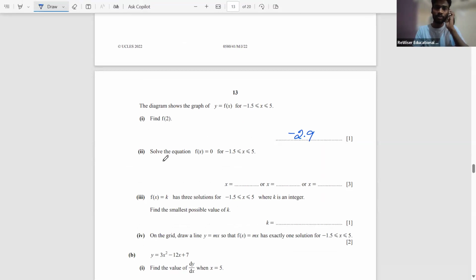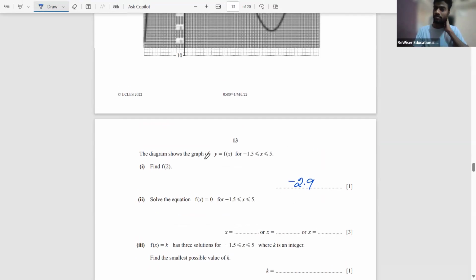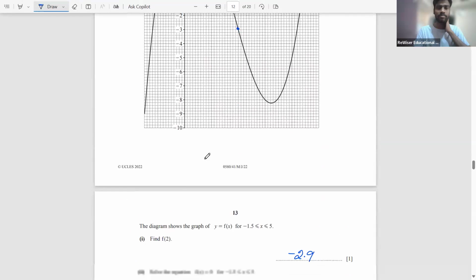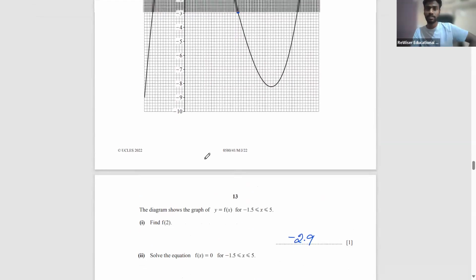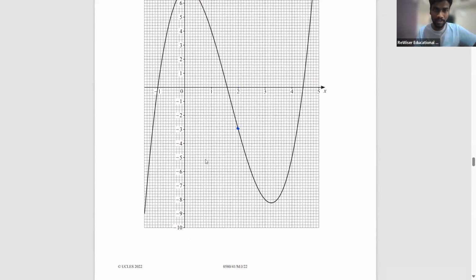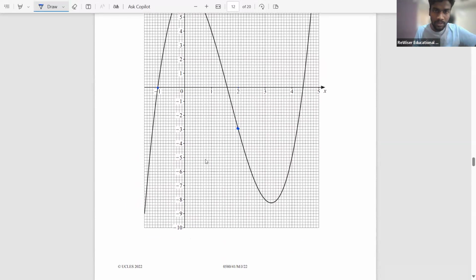Next, for part 2, solve the equation f of x equals 0. When I say f of x equals 0, that means when the y coordinate is 0, what are the x coordinates we have? The x coordinates are this point and this point. This is 1, 2, 3, 4, 5, 6, 7, 8, 9, 10, so that's clearly negative 1.